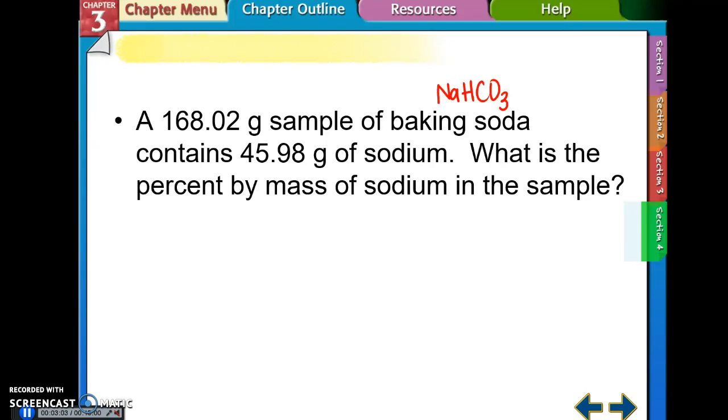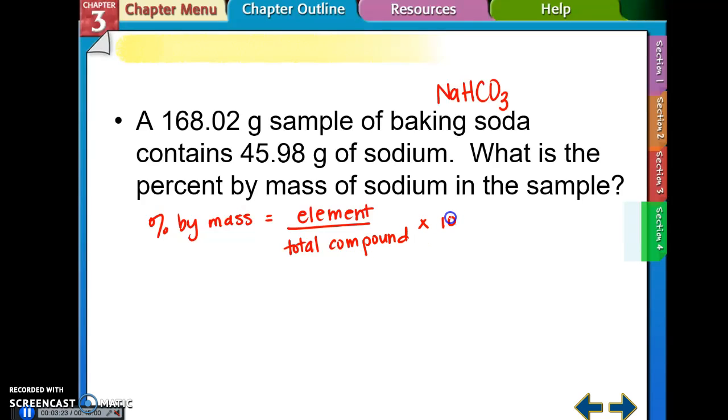So I'm going to start by writing percent by mass, and its formula is the element, remember, divided by the total compound mass, and then I multiply that times 100.